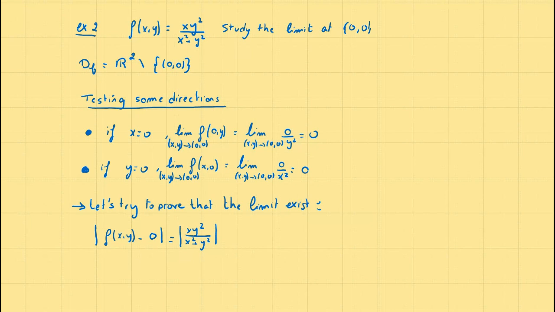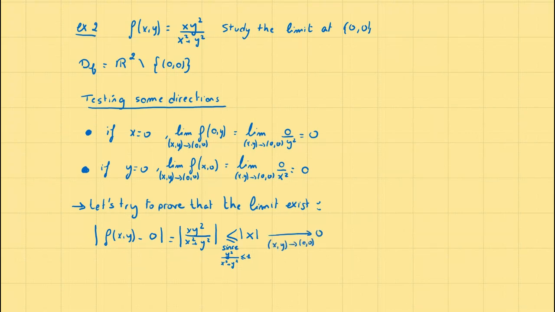So it's |x| y^2 over (x^2 + y^2). But since we know that y^2 over (x^2 + y^2) is always less than 1, because it's like a value over something bigger, we can find that this absolute value is less than the absolute value of x, because we remove the part that is less than 1. And when (x,y) tends to (0,0), the absolute value of x, of course, tends to 0.